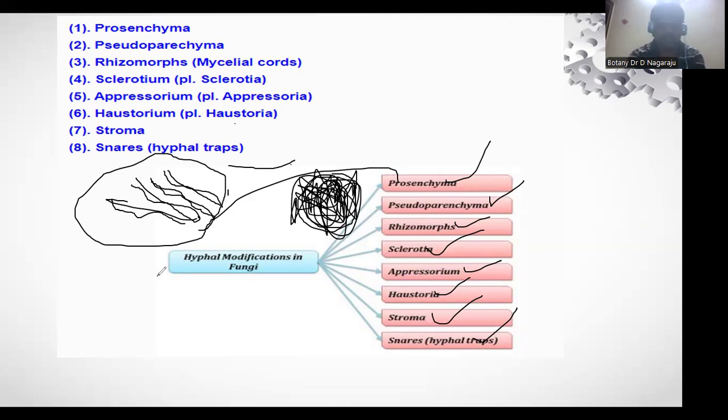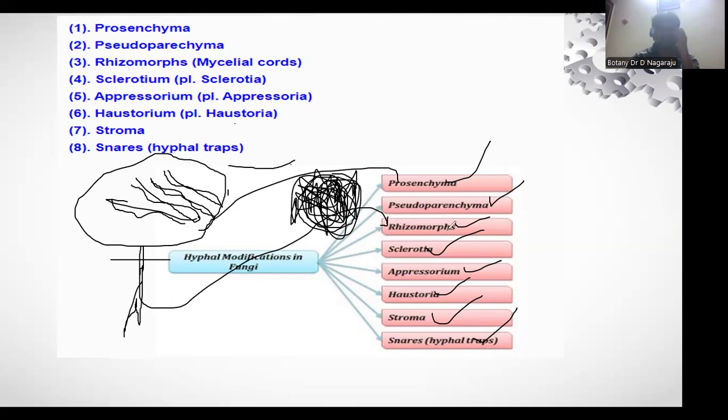If the mycelium looks like a root-like structure, like a plant root, that is called rhizomorph.